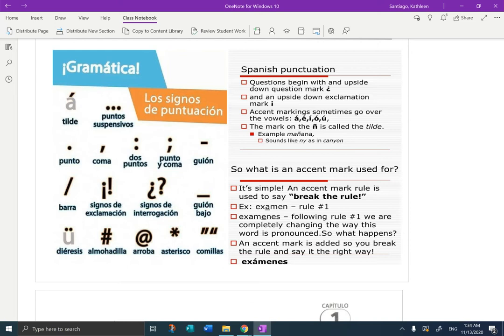So an accent mark is added so that you break the rule and say it the right way. If there was no accent mark and we were in the plural, the accent would fall here and it would be examenes, but it's not. It's exámenes. So to get that said correctly, we have to write the accent mark. That's what that's doing there.